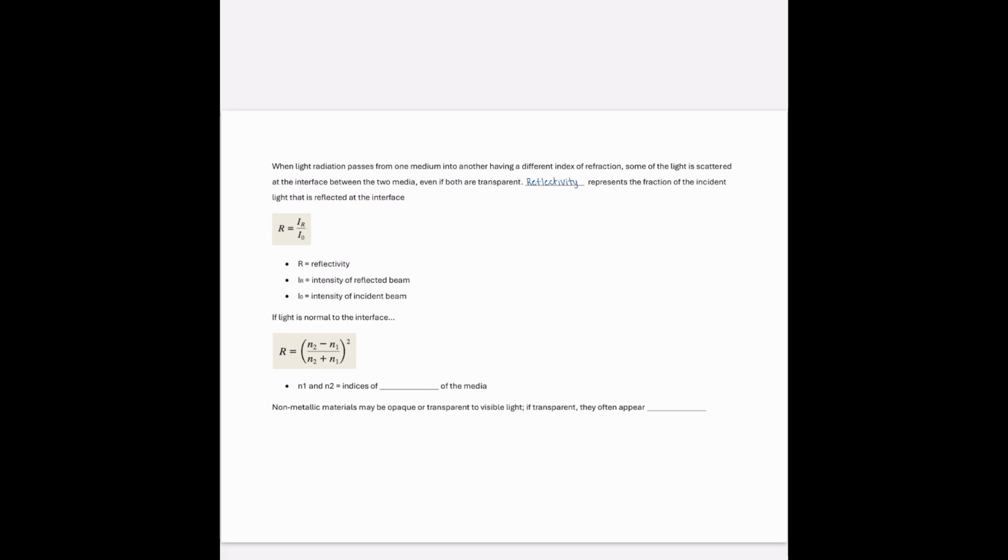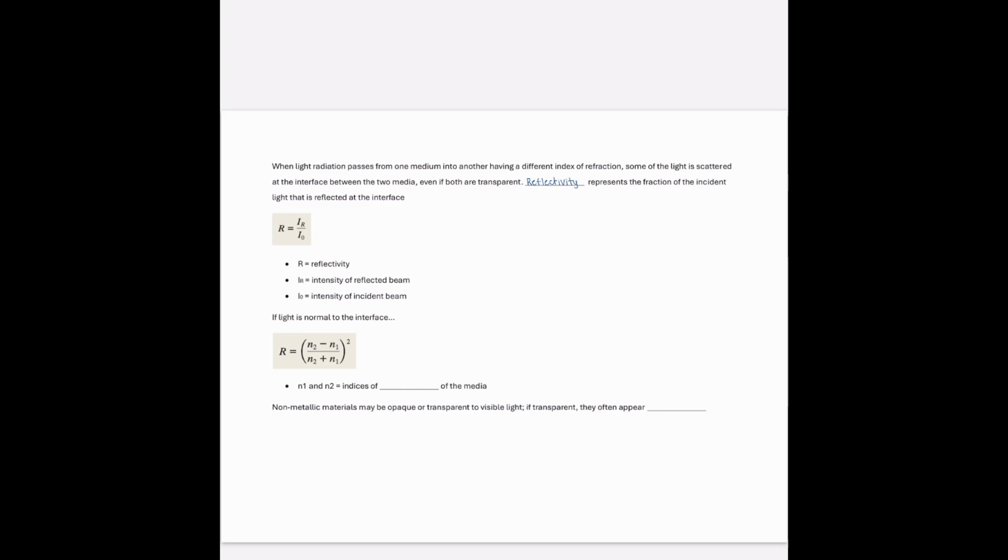And we have this formula here where R is equal to I_R over I naught. R represents reflectivity, as we just discussed. I_R is the intensity of the reflected beam, and I naught is the intensity of the incident beam.